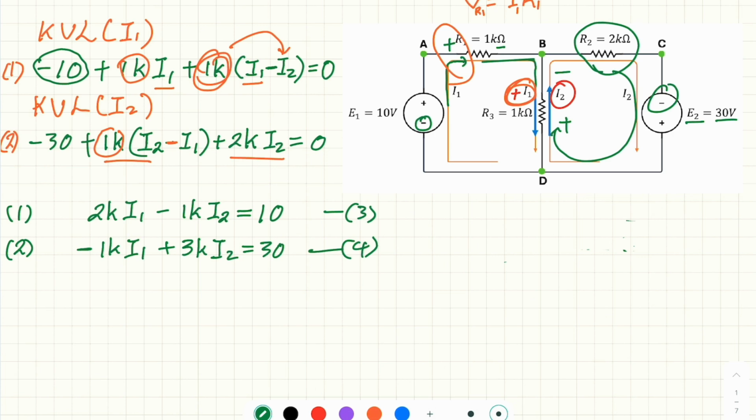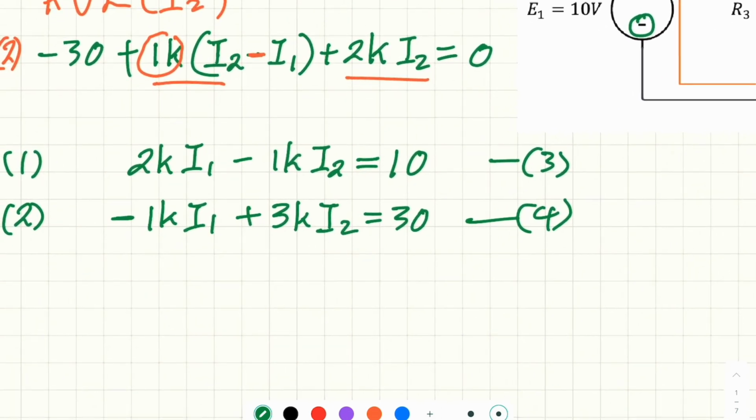Here I just use elimination, and the elimination method looks at the coefficient. Say I1, and I try to eliminate I1, and I find in equation 3 for I1, the coefficient is 2K, and for equation 4 the coefficient is -1.